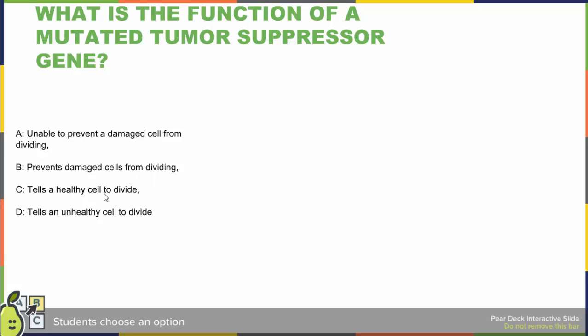If it had been asking about the function of a proto-oncogene, then C would be the correct answer, because the proto-oncogene was the gas pedal when cells should divide. It's telling a healthy cell, you look great, we think you should divide. And then D would be if the question had been asking about an oncogene, which would be the gas pedal that is stuck on, and even an unhealthy cell gets told, go for it, divide. But this question was asking about a mutated tumor suppressor, so that would be A.